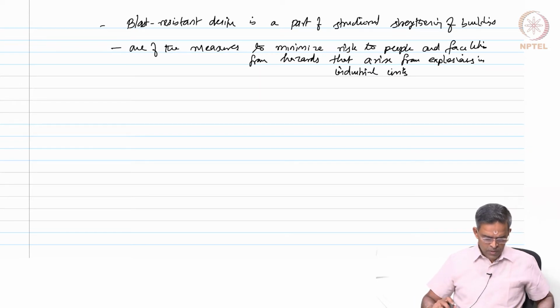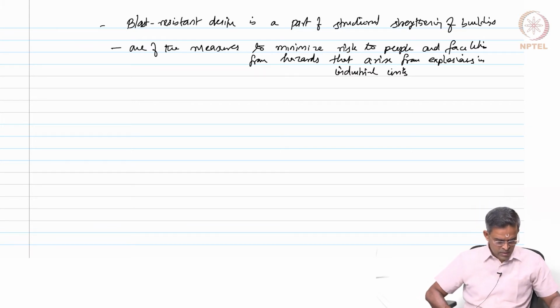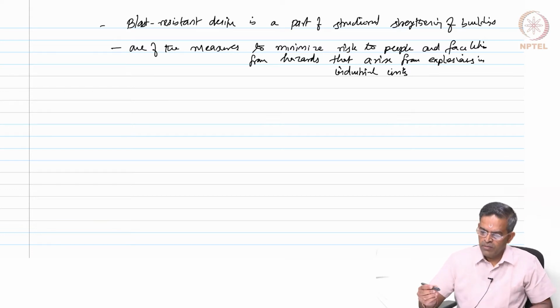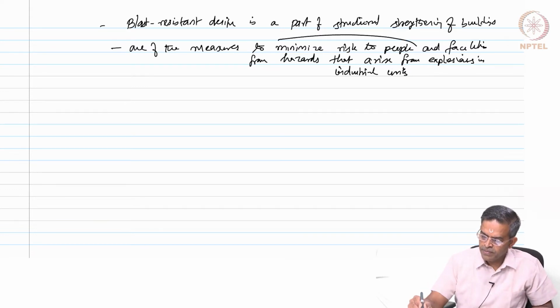So, the primary objective of the blast resistant design is essentially to minimize risk to people.